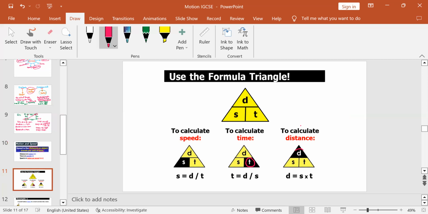And if you're asked to solve for distance, it will be speed times time. It comes from speed equals distance over time.